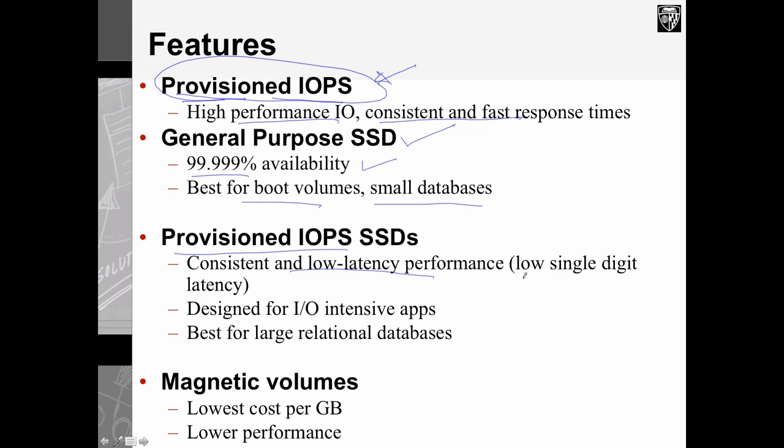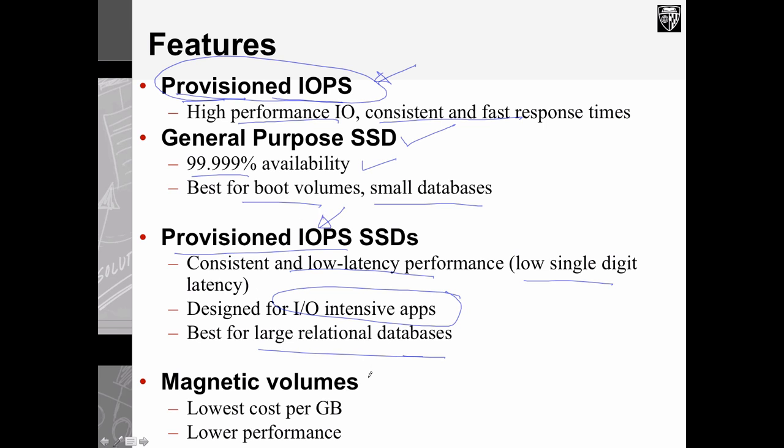The latency is single digit for our applications, and these provisioned IOPS SSDs are designed for applications with high input output operations, or raw NoSQL databases, application servers that require high input output operations. Provisioned IOPS is highly recommended.